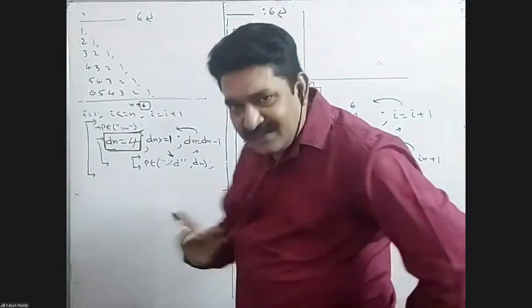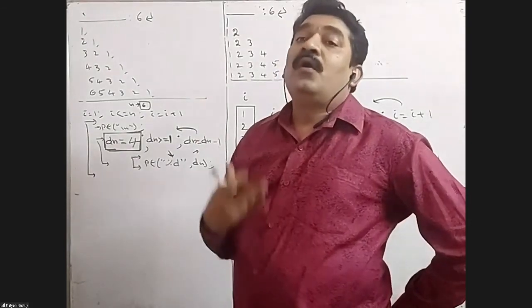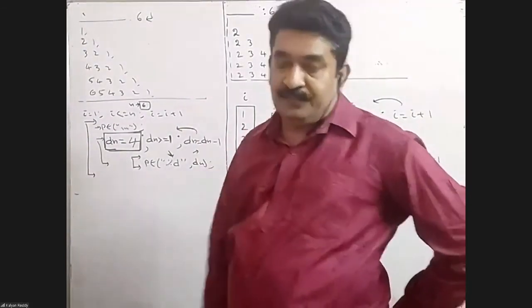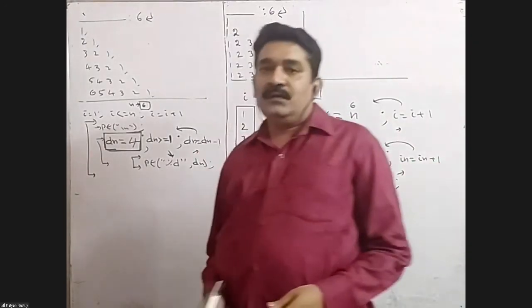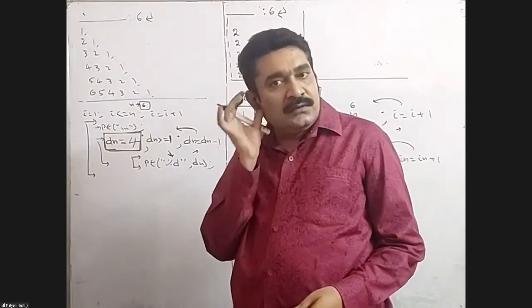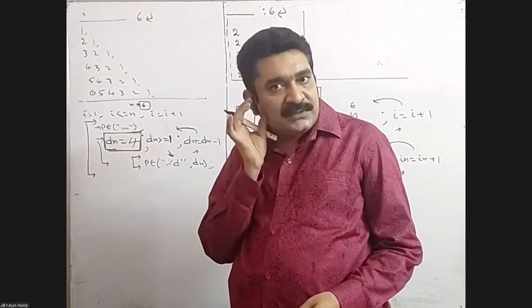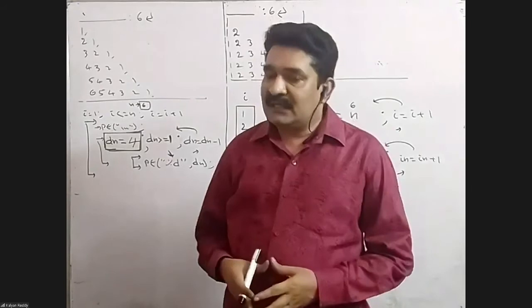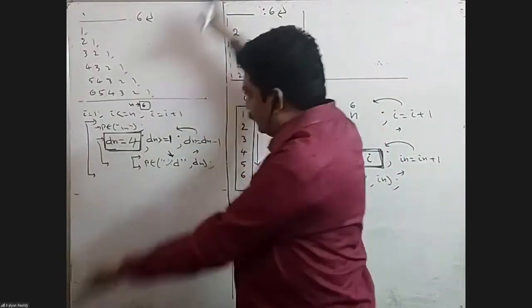As I mentioned before, whenever changes are required, think about a variable or expression. Variable means A, B, C, D, I, J, K, like that. Expression means A plus B, A minus B, those things. Now come outside of this loop.